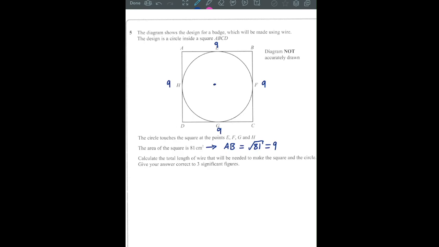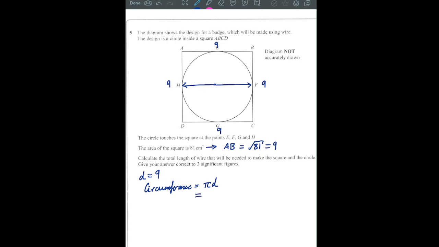But for a circle, we need either the radius or the diameter. And now once I've drawn that on, it should be fairly clear that your diameter is just 9. And if we want to find the circumference, then we can either use pi d or 2 pi r.